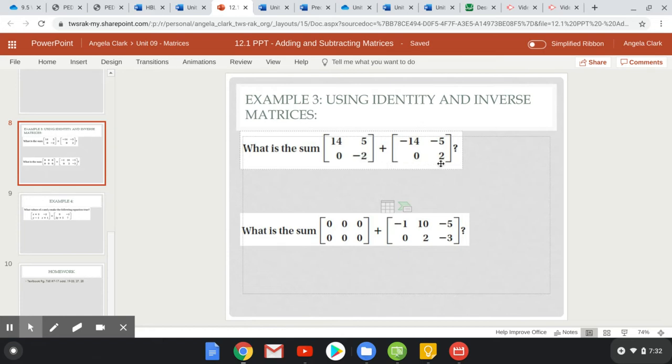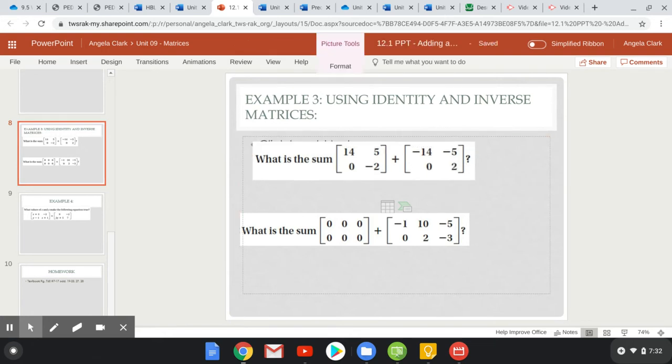Negative 2 plus 2, they're also additive inverses. So since every element of the matrix is an additive inverse of the corresponding element, the whole matrices are additive inverses. So this matrix is the additive inverse of this matrix and vice versa.